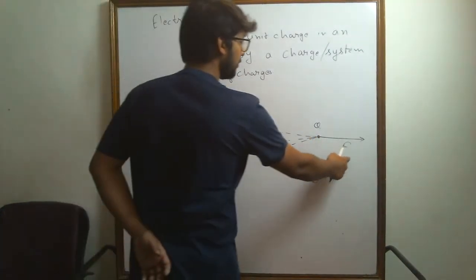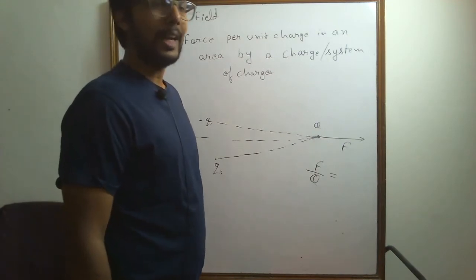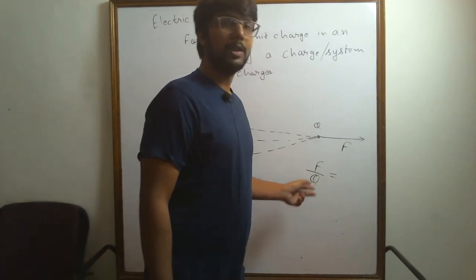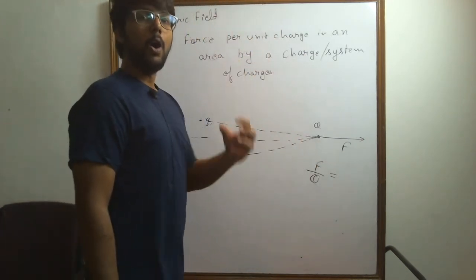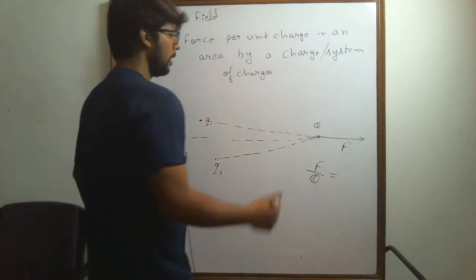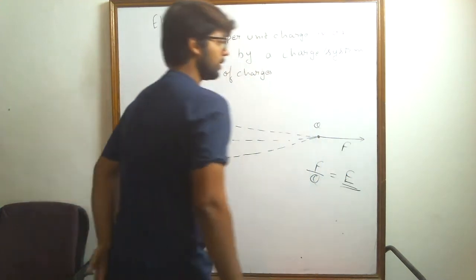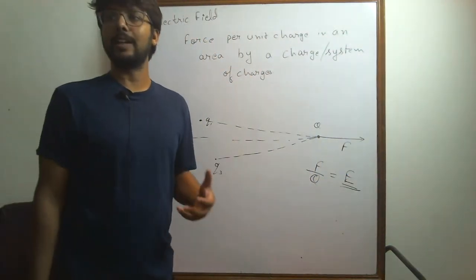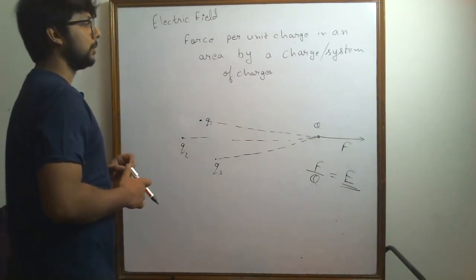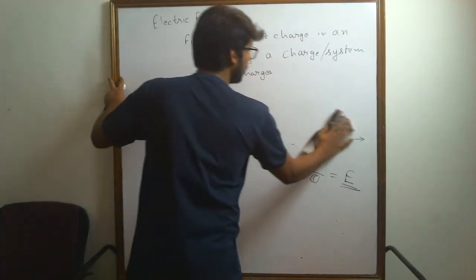Because right now this force is applicable on the magnitude of charge Q, capital Q, but if I divide this force by capital Q, this will give me the force on a unit charge by this system of charges, which is exactly what my electric field is, right? This is how I define electric field. So this is what electric field is all about, right? With a system of charges and a single charge.